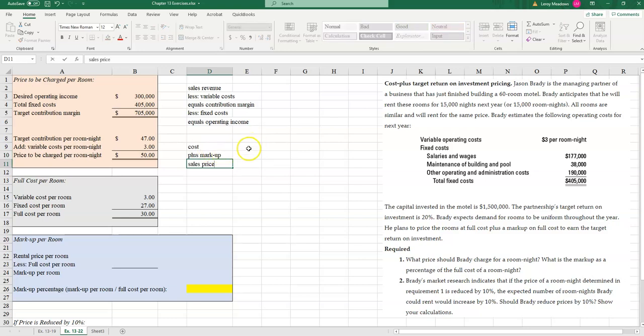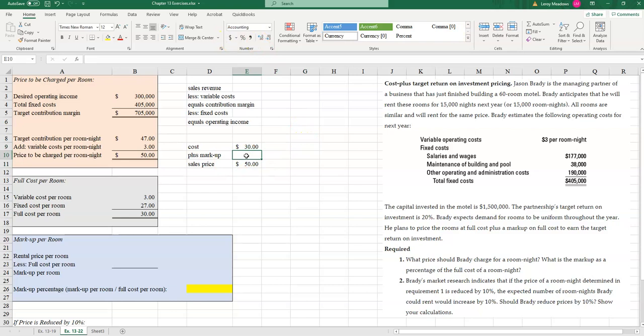And this is a generic, so $30 plus markup is going to be what? $50, my sales price. And so what is my markup? My markup is going to be what? $20.